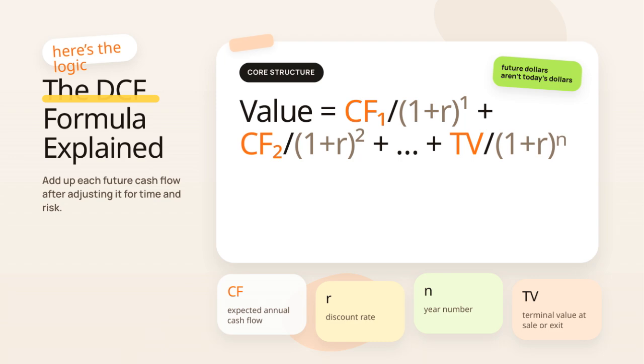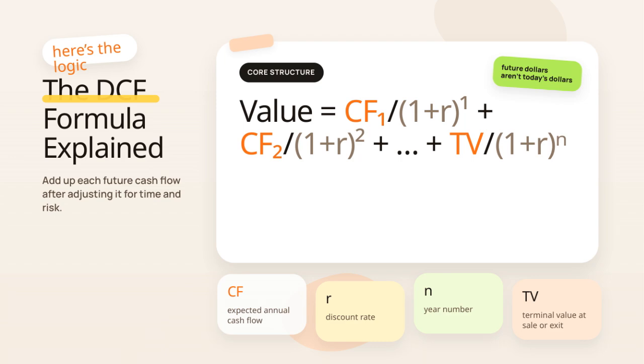At the core, the DCF formula looks like this. You take each expected cash flow, which we call CF for cash flow, and divide it by 1 plus the discount rate, raised to the power of the year number. So, CF1 is divided by 1 plus R to the first power, CF2 by 1 plus R squared, and so on.